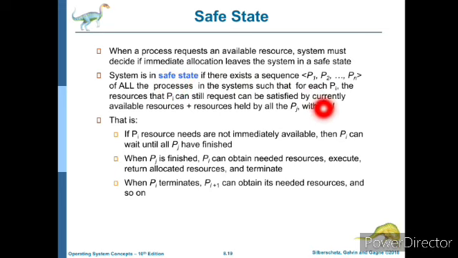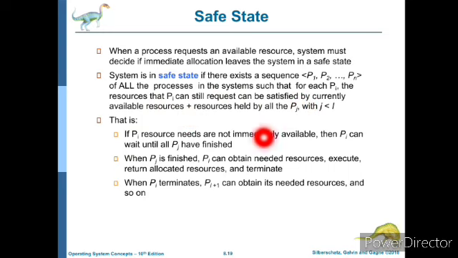Now what will happen? If Pi's resource needs are not immediately available, then Pi can wait until the Pj have finished, because Pi is waiting for the resources of Pj.